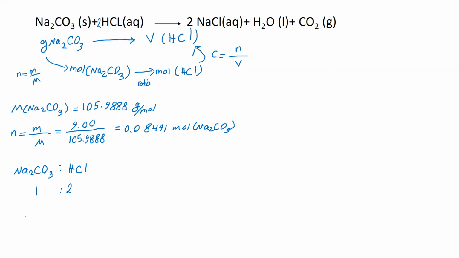So if we have 0.08491 mole of Na2CO3, the number of moles of HCl equals 2 times 0.08491, which is equal to 0.1698 mole HCl.